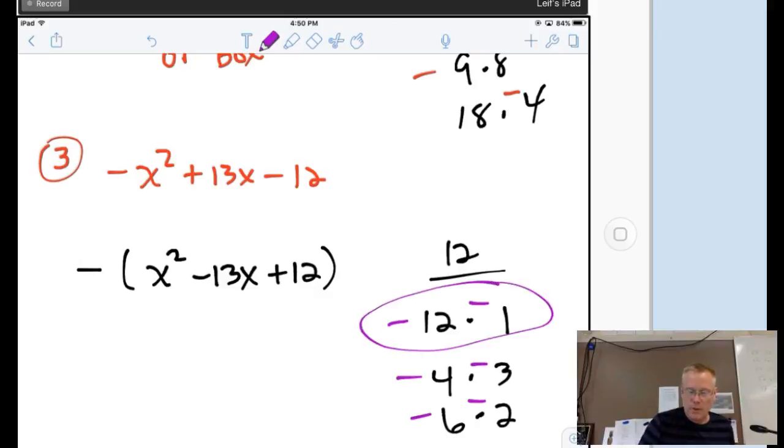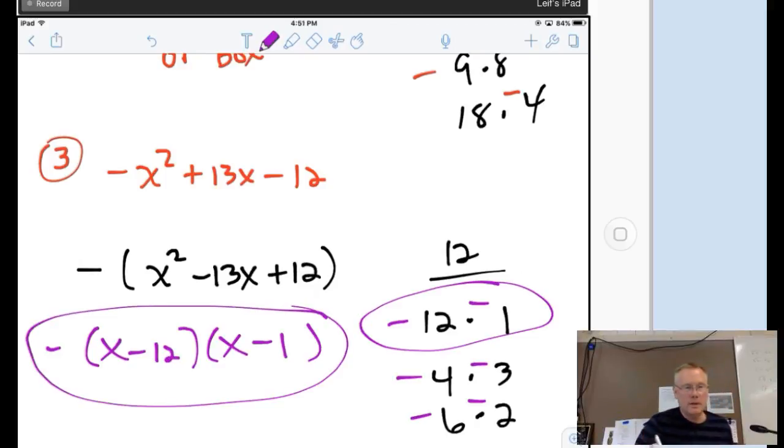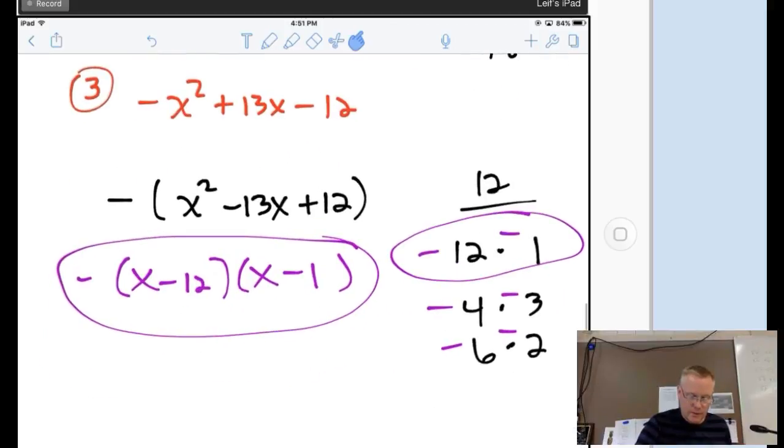In this case, the winning pair is negative 12 and negative 1, which means I got that negative sign on the outside. I got x, and inside goes minus 12 and minus 1, and that would be my answer. Okay? Not the only correct form of that answer. There's about 3 or 4 that you could also try.